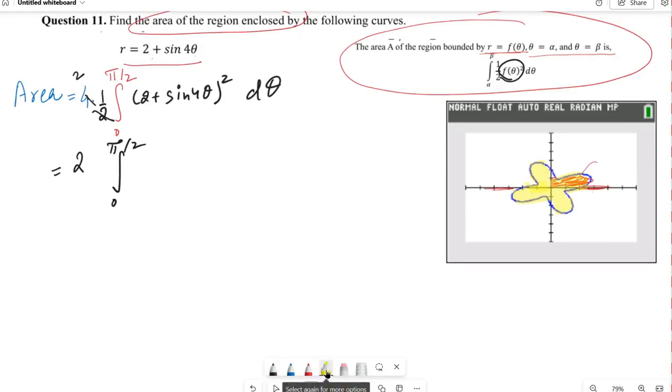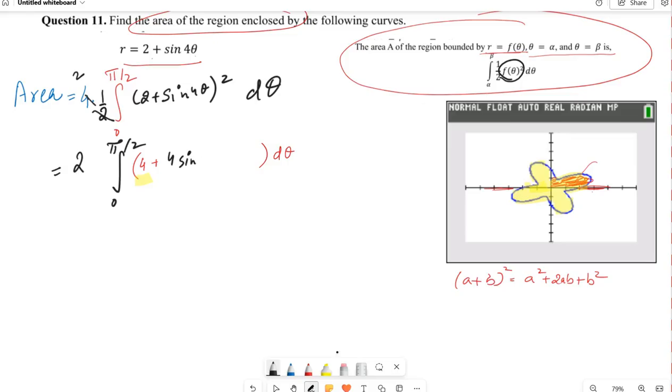We can open this square using the formula a plus b whole square equals a square plus 2ab plus b square. So that is going to be 4 plus 4 sine 4 theta plus sine square 4 theta.